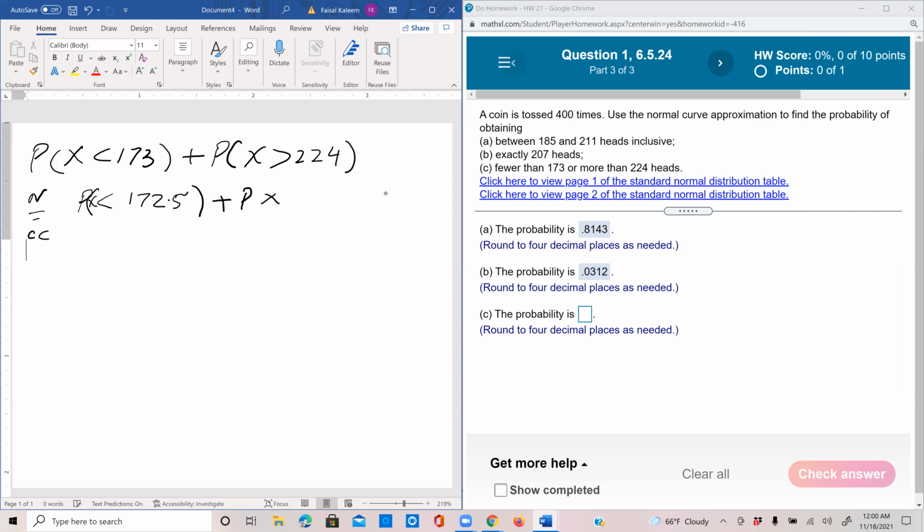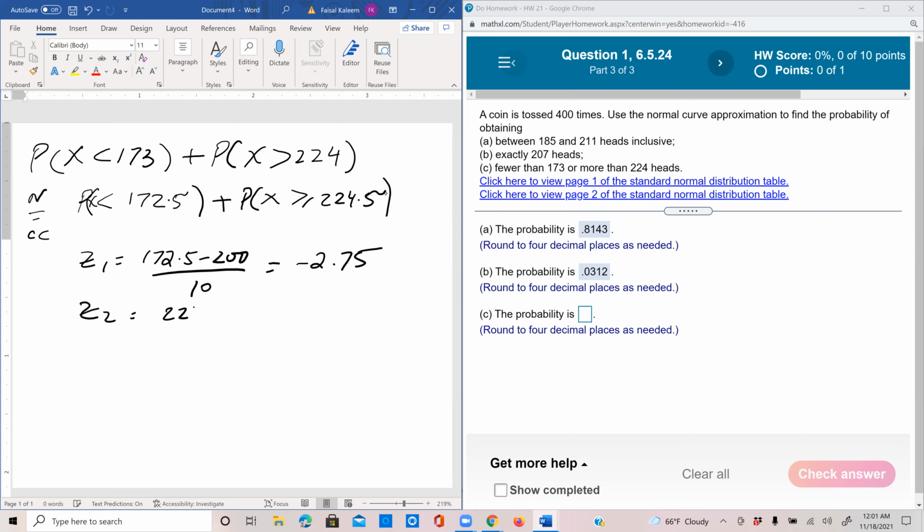So anything greater than or equal to 224.5 will be greater than or equal to 225 in the integer world. Okay, so 172.5 minus 200 over 10. So that's negative 27.5, so negative 2.75. And Z2 is 224.5 minus 200 over 10. That's 24.5, so that's 2.45.